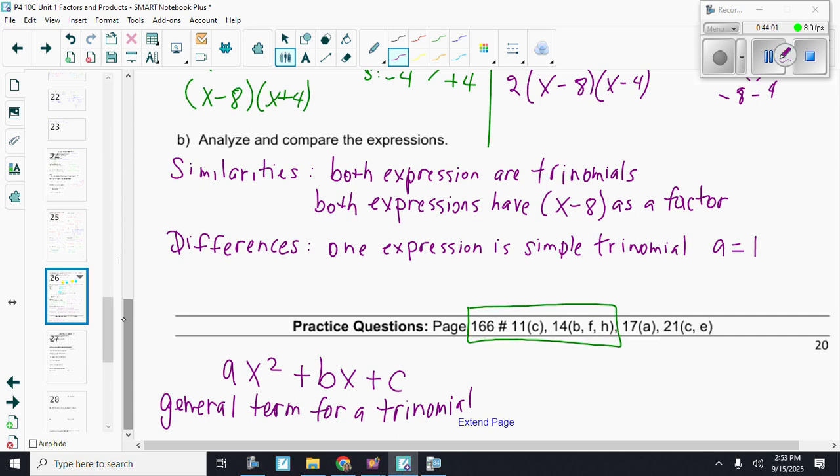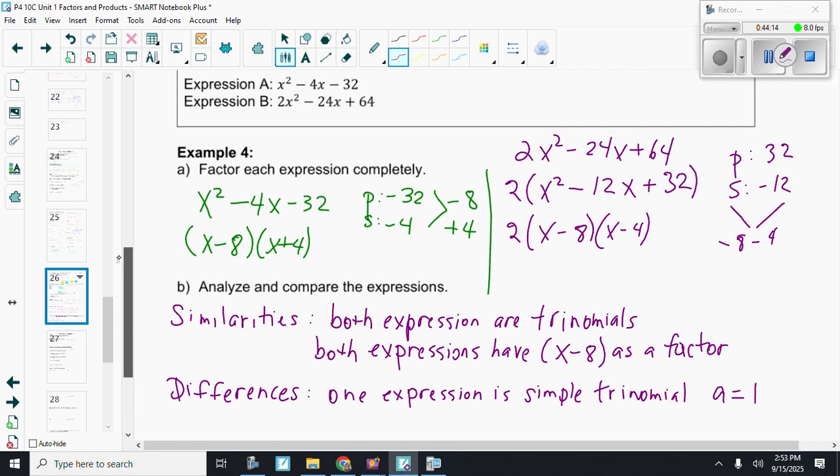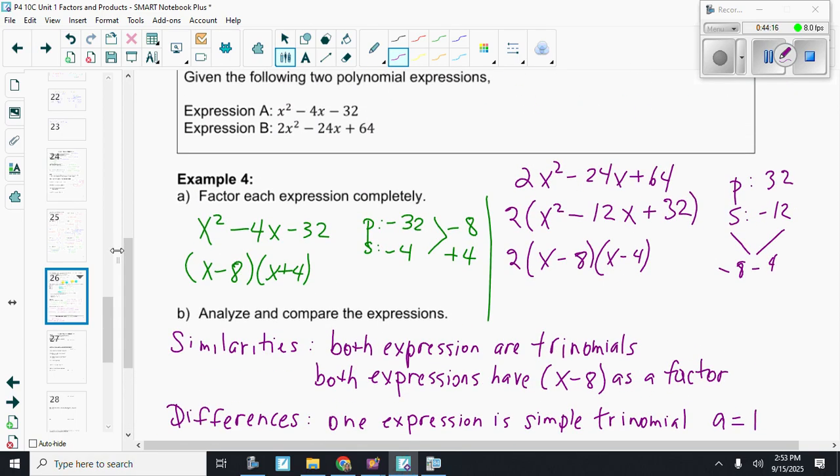So what I'm looking at, this is the a that I'm talking about. If a is equal to 1, 1x squared, we usually don't write the 1. That's why it looks like this. This is the a value right here. a is equal to 1.